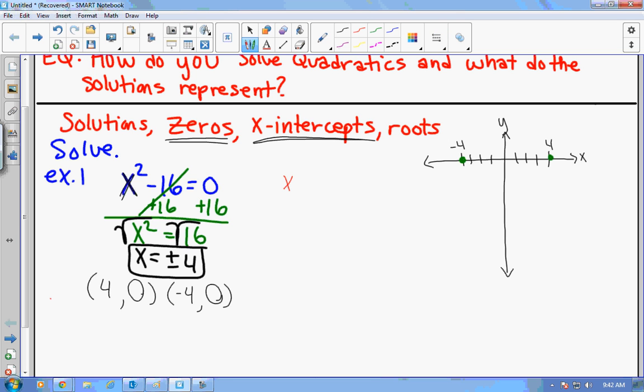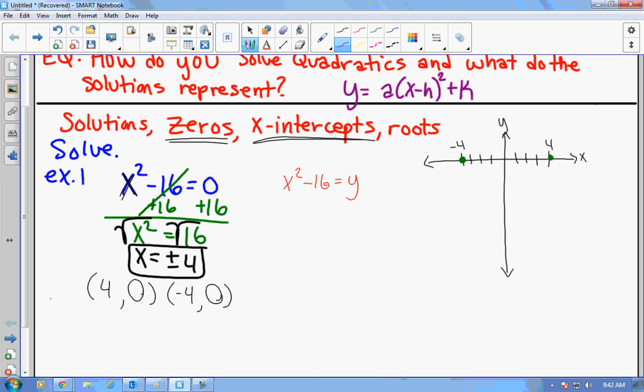I'm going to set this equal to y. That 0 is just y. Okay? And do you remember, maybe I'll put it up here. Y equals a times x minus h squared plus k.